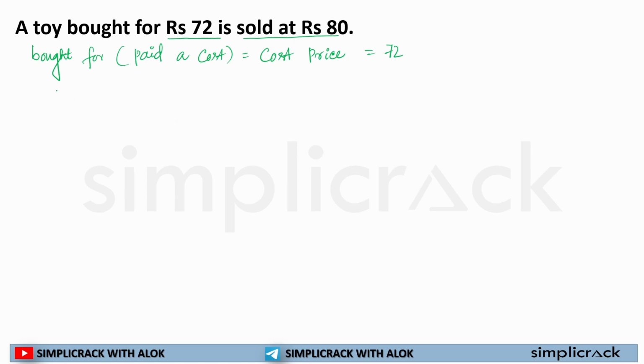Now, a toy is bought for 72 and sold at 80. So if I am selling something, that means it is my sales price, right? Because I will be selling that thing. So here sales price is 80. Now there is a transaction: I purchased a toy at 72 and I sold it at 80.